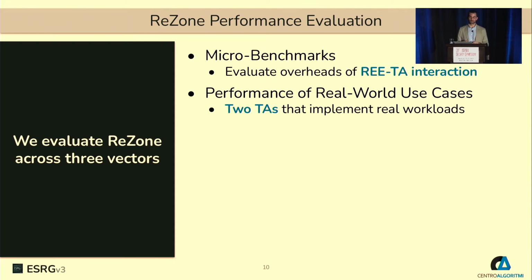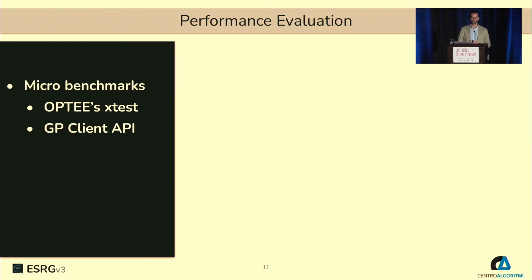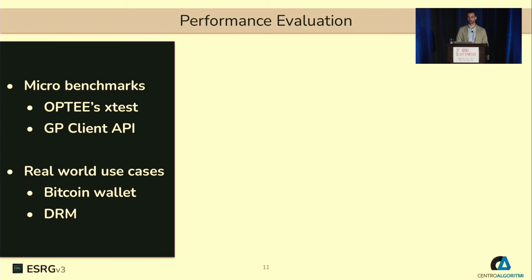We evaluate the performance of ReZone across 2 TAs that implement real workloads, and we evaluate the impact that ReZone has on a system when it interrupts normal workloads. For microbenchmarks, we evaluate OP-TEE's Xtest test suite and the GlobalPlatform client API. For the real-world use cases, we evaluate a Bitcoin wallet TA and the DRM TA and its application.